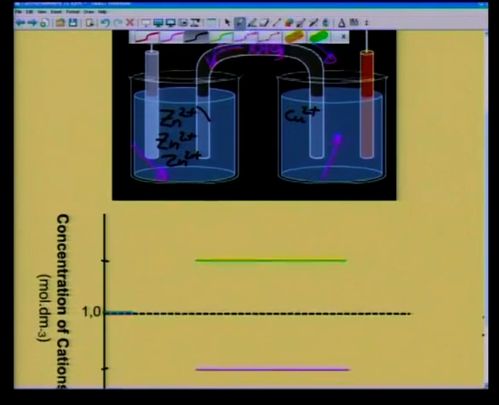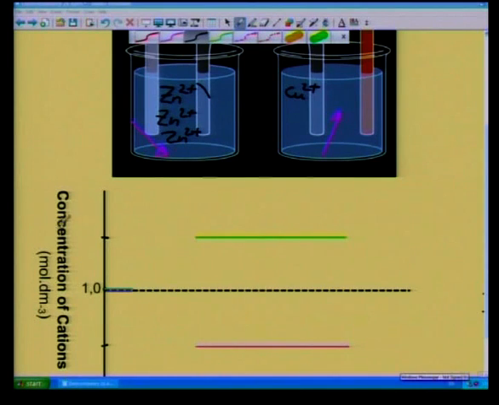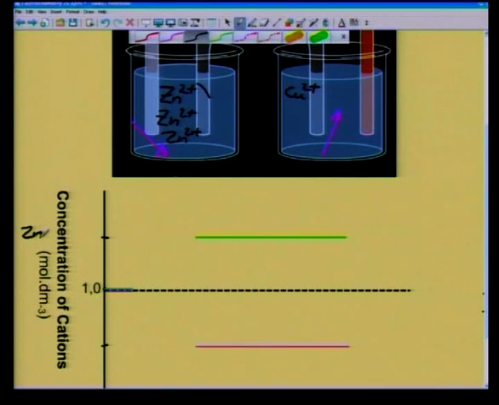So when that situation comes, we have a state of equilibrium. So if we look at the concentration of the zinc ions, for example, let's look at the concentration of zinc ions and copper ions. Say this bottom part represents the concentration of our copper ions, and the top part represents the concentration of our zinc ions there.